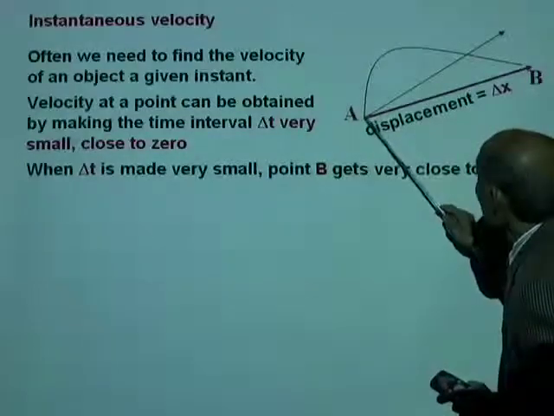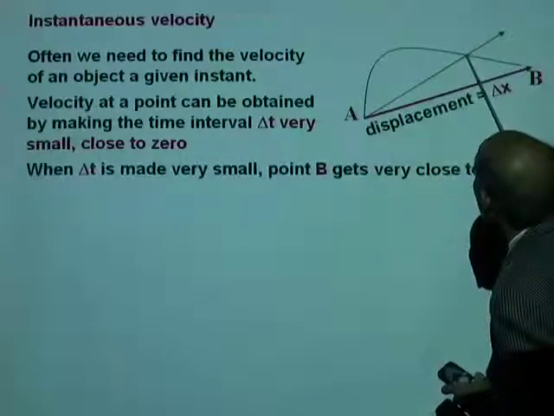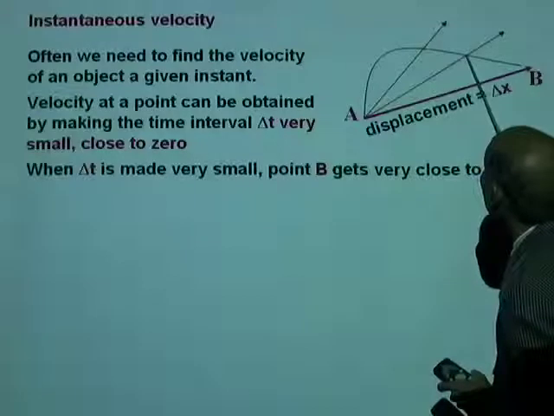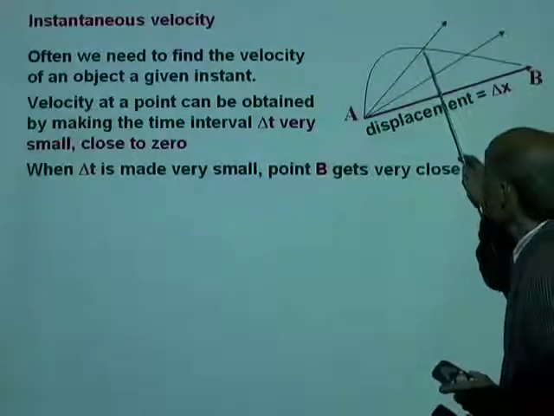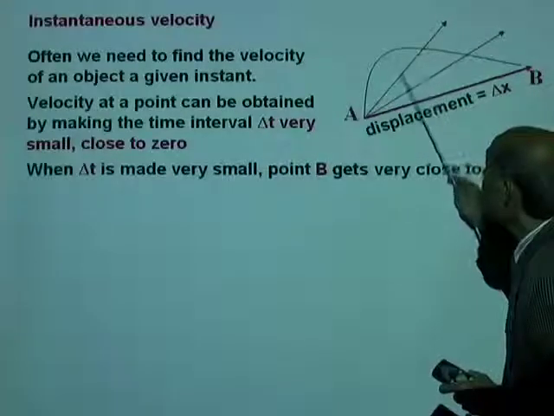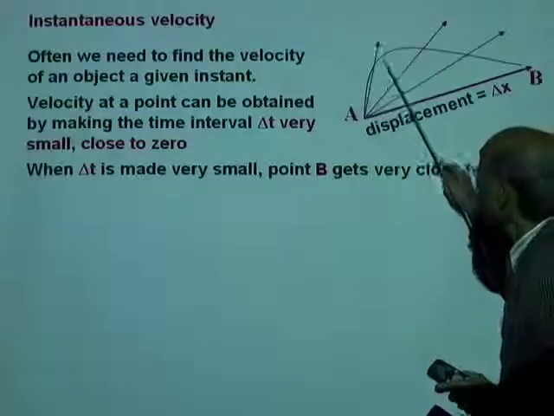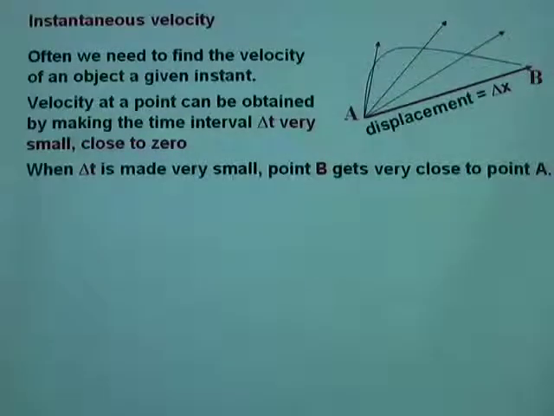And now, suppose the car is moved from A to B. You bring B over here, and you notice that the time interval is now shorter. If B is over there, the time interval is even shorter. And if B is over here, let me write down those points there.